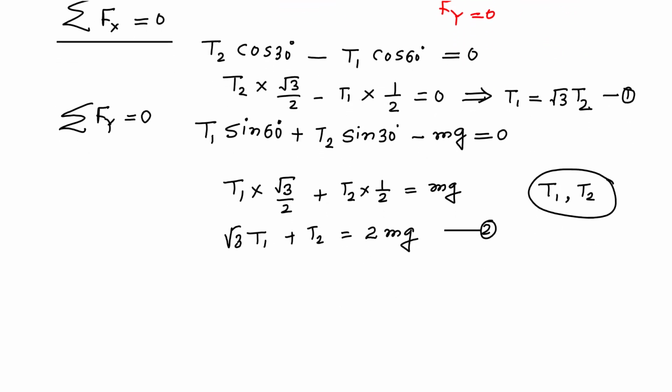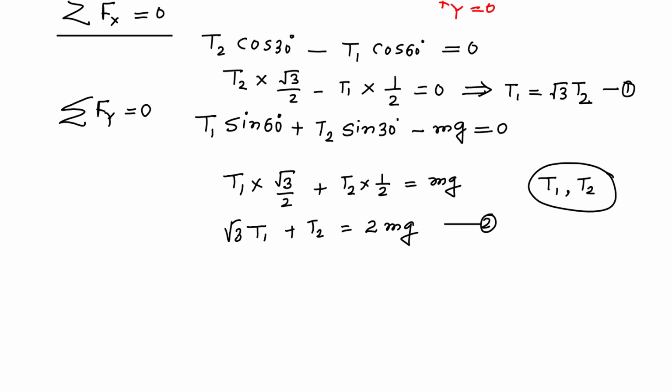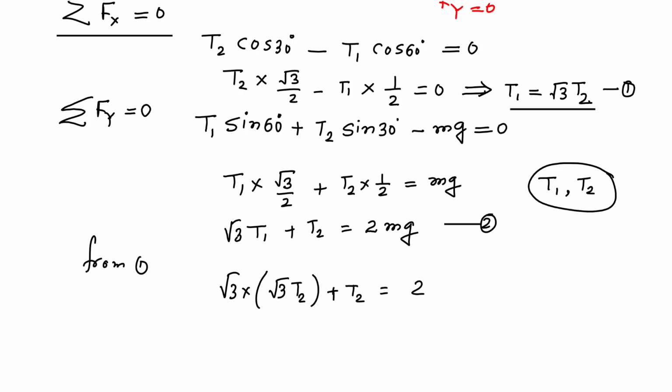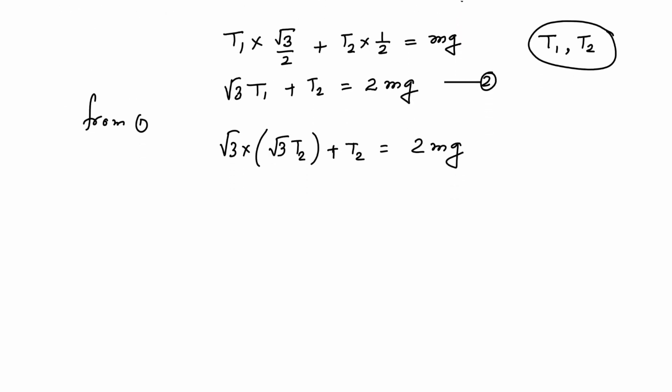From equation 1, T1 is root 3 T2. So root 3 times root 3 T2 plus T2 is equal to 2 mg. This is 4 T2 equal to 2 mg. This means T2 is equal to mg by 2.